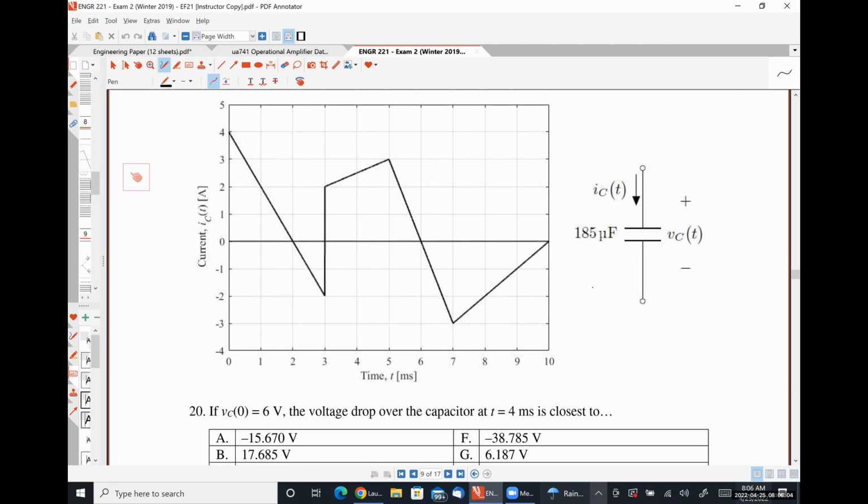All right, so we are given the current flowing through our capacitor, and we are asked to find the voltage drop at a particular time.